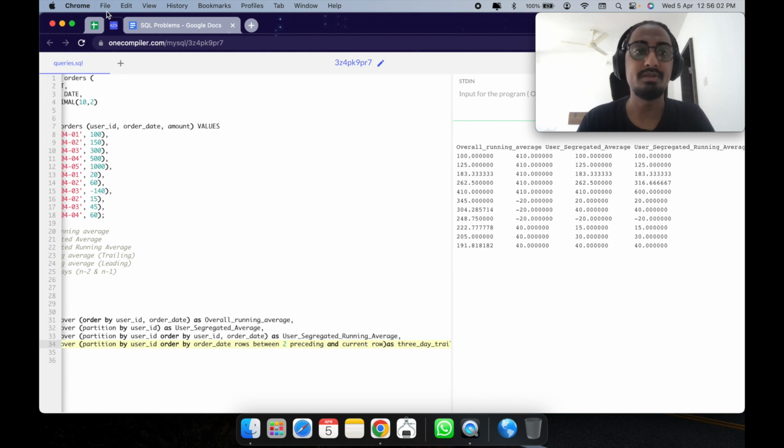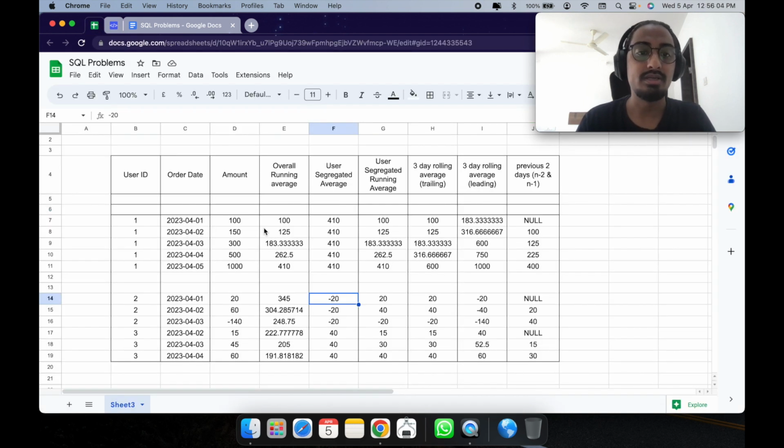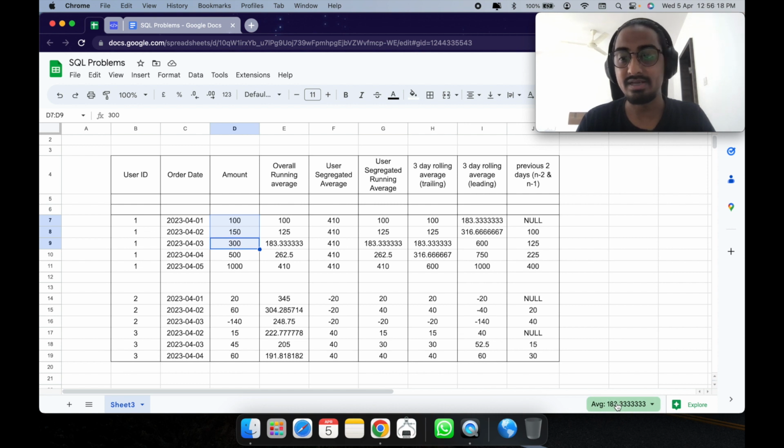So for example, here it takes 300, so it's going to take 150 and 100 as the preceding rows, and the current row as 300. So essentially it is the average of 150, 100 and 300, that's 183.33. And that's how it works.